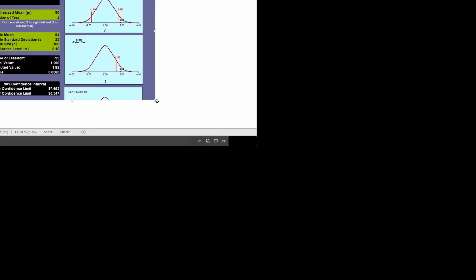Here's the output. Note how closely both the computed statistic and the critical statistic are to these two numbers. All right, are we good? Are you okay?